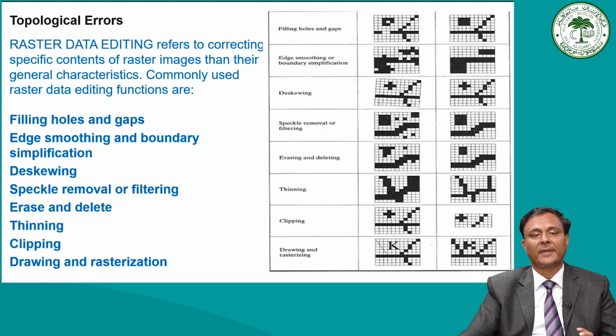So these are some examples of topological errors which might come up in raster format of data, and we have also discussed the methods and measures which we can bring into our spatial information, and we may rectify the raster topological errors.